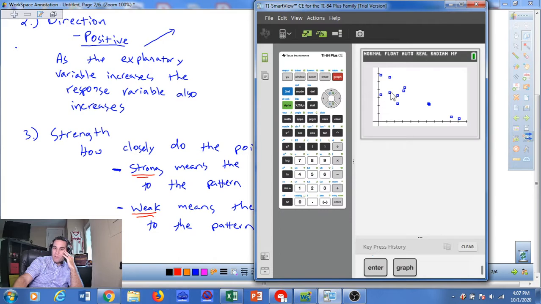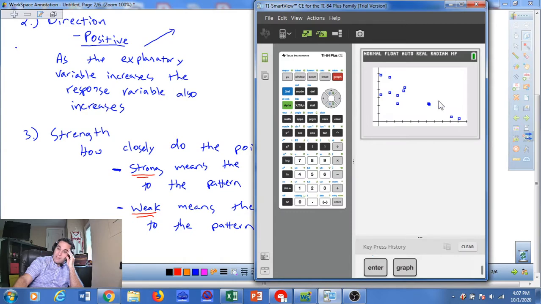These 4 points in these neighborhoods, they're a little bit off. So I would say overall, this is probably a moderate strong. It's not as strong. If you take away these 4, then I would have said it was really strong. But with these 4 in, I'm going to say it's probably moderate strength, but it's definitely not weak. There definitely is a pattern going on here.